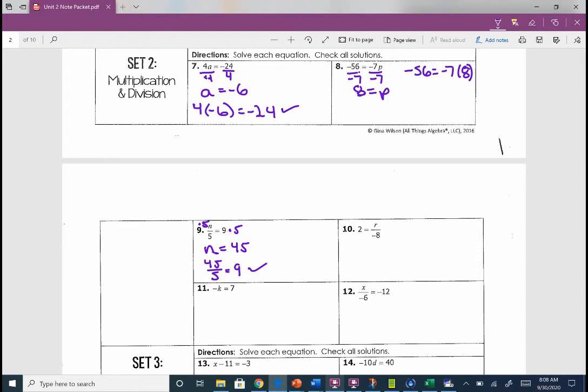Do the check off to the side. Make sure the left side equals the right side. If it doesn't check, go back and retry. Maybe we divided and we should have added, or we should have subtracted. Maybe we chose the wrong operation, and our check is going to show us that. Okay, so that's how we know.